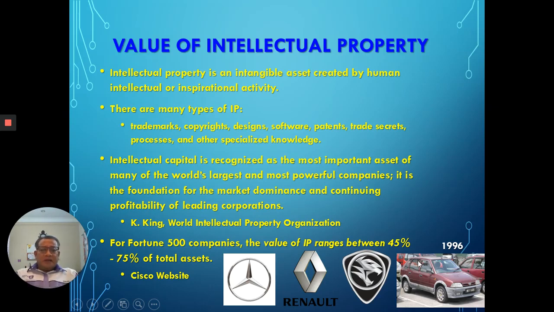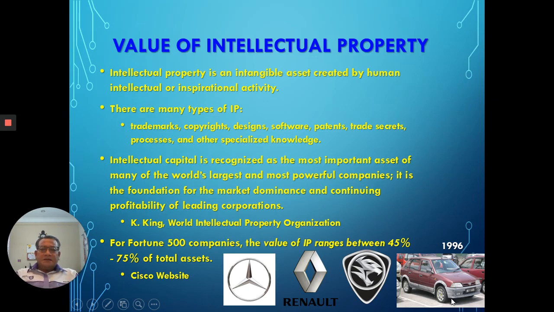And the Proton Tiara, after a few years of sales, didn't produce significantly big sales for Proton. The Tiara was actually not a successful model in Asia, in Malaysia, and in Proton's sales performance. So it is just considered an average or low sales model.